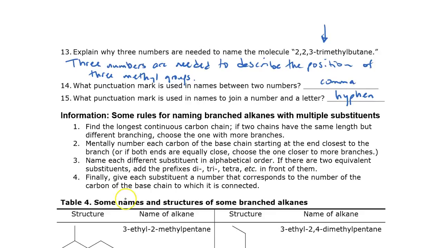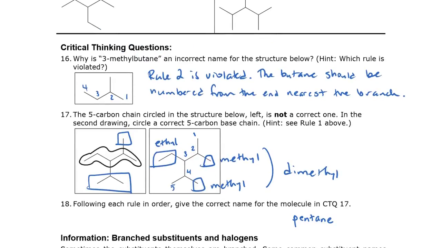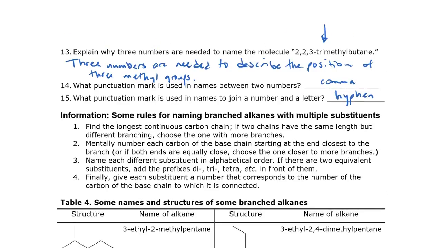And now, finally, give each substituent a number that corresponds to the number of the carbon of the base chain to which it is connected. So I did already number my carbons. So this is 2, right? This one is 4, and this one is 3. And then I have to put them in alphabetical order.